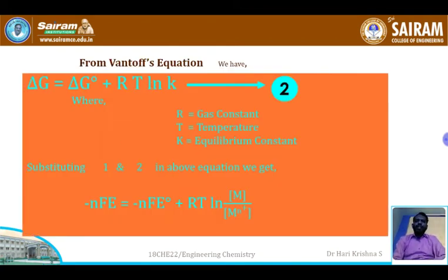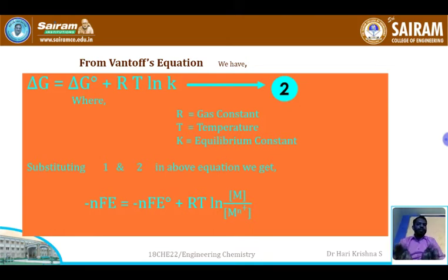From Van 't Hoff's equation we have delta G equals delta G naught plus RT ln K, where R is the gas constant, T is temperature, and K is the equilibrium constant. Substituting equations 1 and 2 in the above equation, we get minus nFE equals minus nFE naught plus RT ln concentration of M by concentration of M^n+, where n is the number of electrons, F is Faraday's constant, E is the electrode potential and E naught is the standard electrode potential.